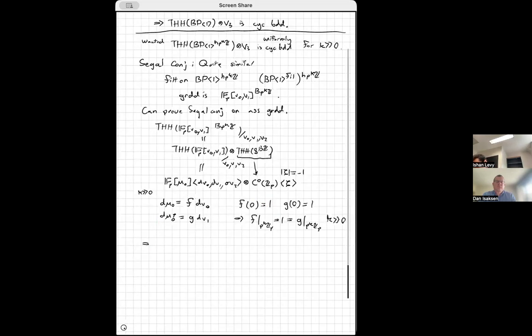And so what this tells you in the end is that at the level of homotopy groups, this THH of BP1, if you make k sufficiently large, it already looks like the action was trivial, in the sense that pi star of THH of BP1 with the p to the k Z fixed points, tensor V3, is just the same thing as pi star of THH of the thing without the fixed points.